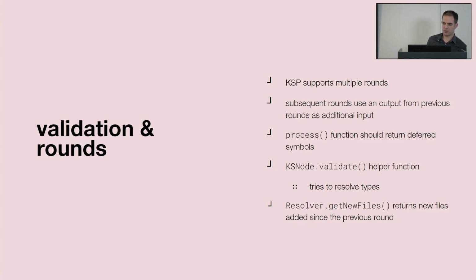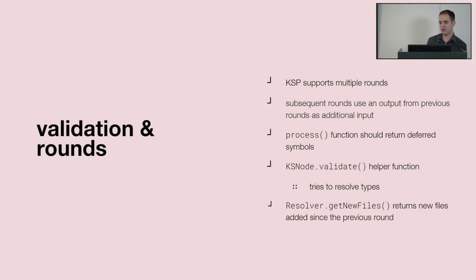But it can let it go and defer generation to a next round. So if we run into a type which is not yet generated, we will say, okay, let's go to the second round, and hopefully in that round somebody will generate that type.